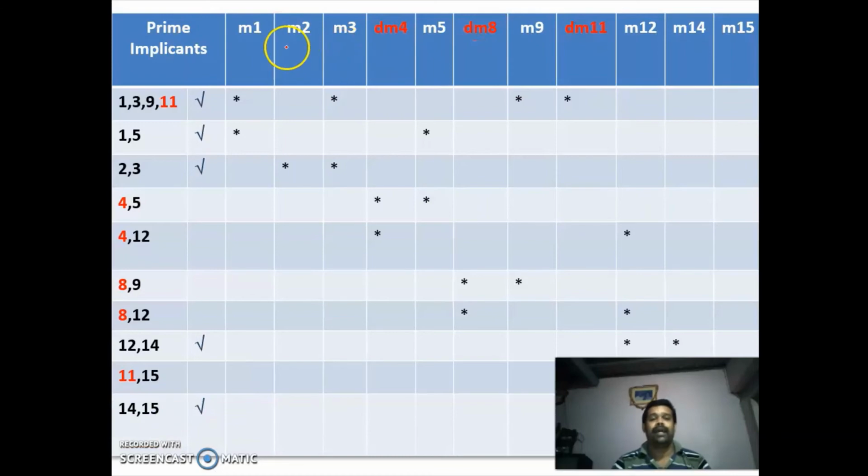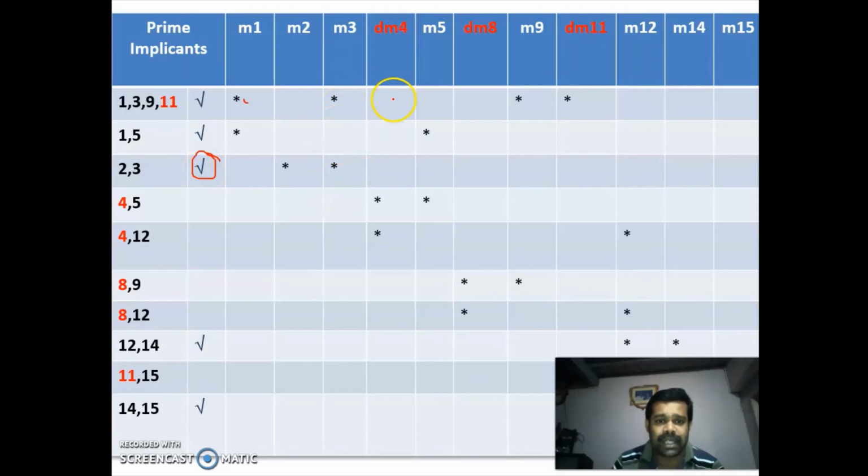Then we are checking for the columns which have only one star. The first column you are having 2 stars, no problem. The second column you are having only 1 star, so we have put a tick mark there.